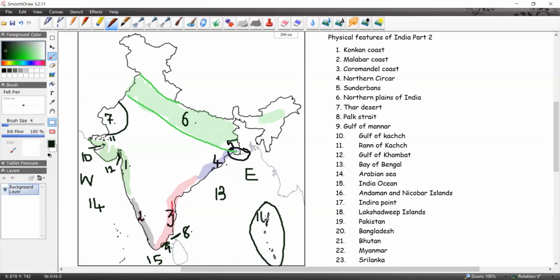And capital of Andaman and Nicobar is Port Blair, and 10-degree channel separates Andaman and Nicobar Islands. 17th one, the southernmost point of India, Indira Point. This is Indira Point, this one. 17. 18, Lakshadweep Islands. Lakshadweep Islands are in Arabian Sea. 18.